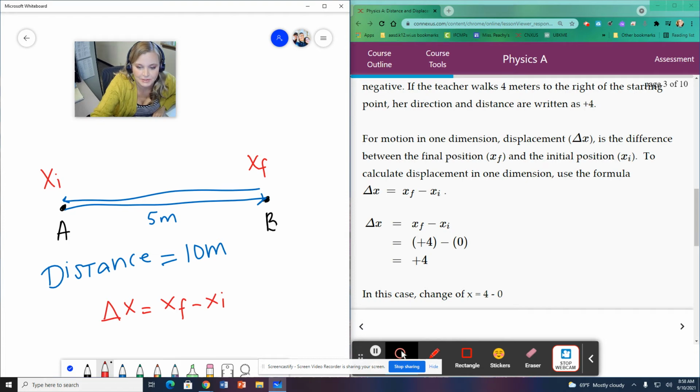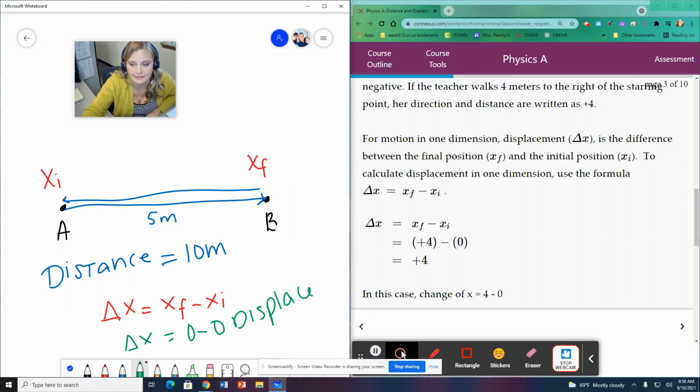So my initial position was 0, and my final position was 0, right? So my delta X is 0. Even though I actually walked 10 meters, my displacement is nothing.